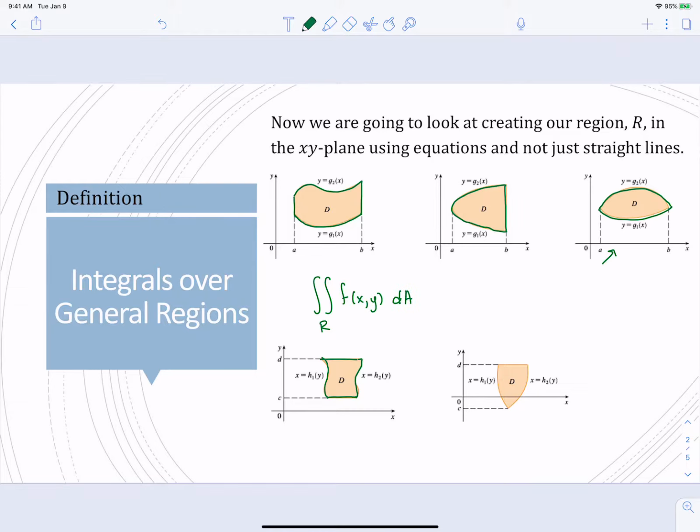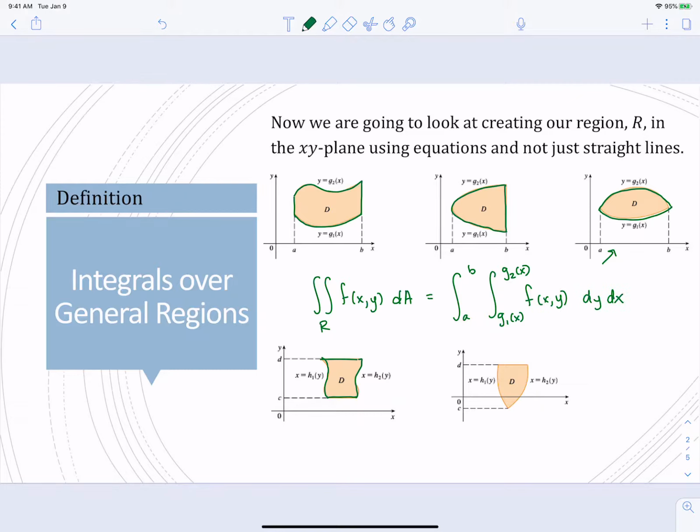Then we're looking at, again, that change in our area. So we could basically have, from a to b on the x-axis, and then from our lower function to our upper function, and then f of x, y, and then this would be dy dx.